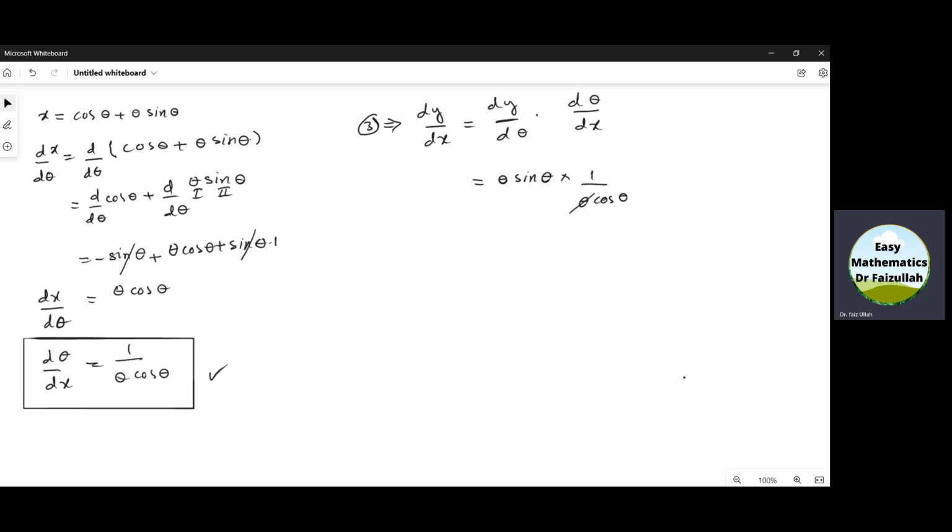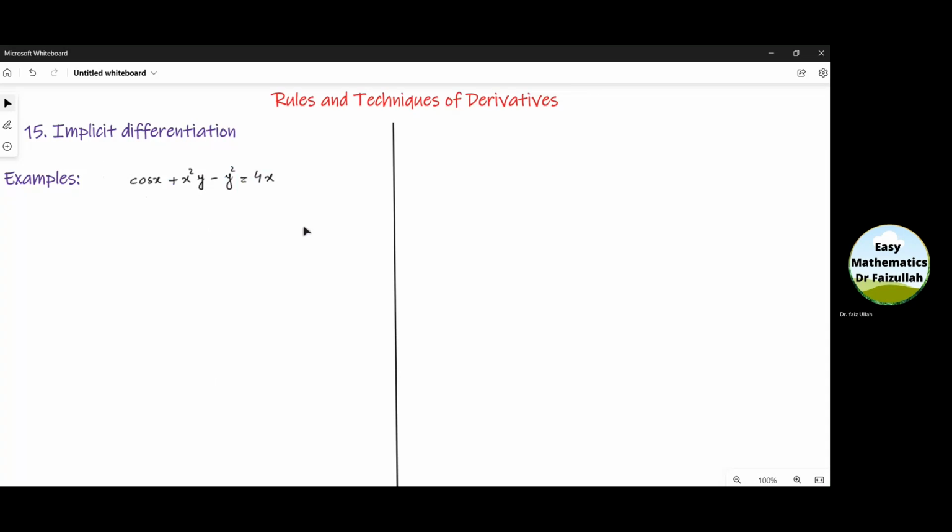Now theta will cancel with theta, and from this we get sine theta over cos theta. So the solution is dy by dx is equal to tangent theta, because sine over cos is equal to tangent, and that is the solution.